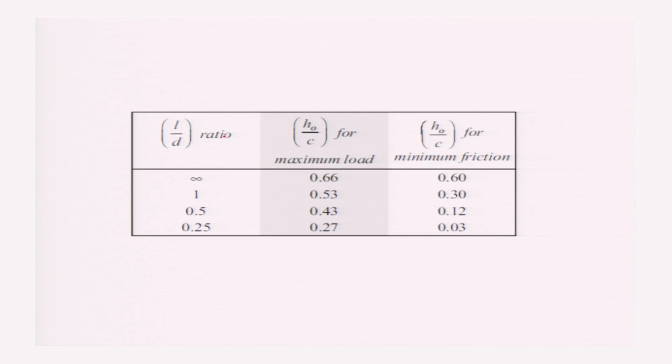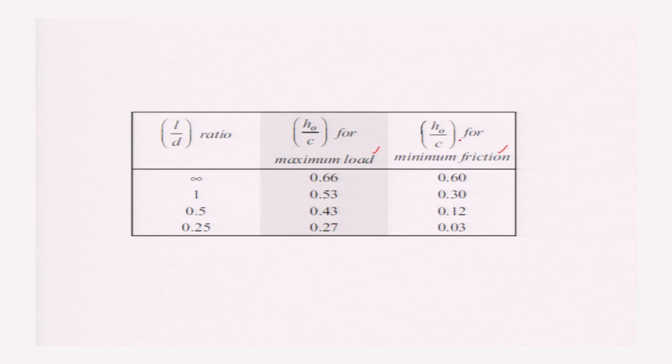For different L by D ratios, the value of H0 by C for maximum load and H0 by C for minimum friction. These are the two criteria for H0 by C. If you want to design your bearing for maximum load, then H0 by C for different L by D ratios will be selected from this column.